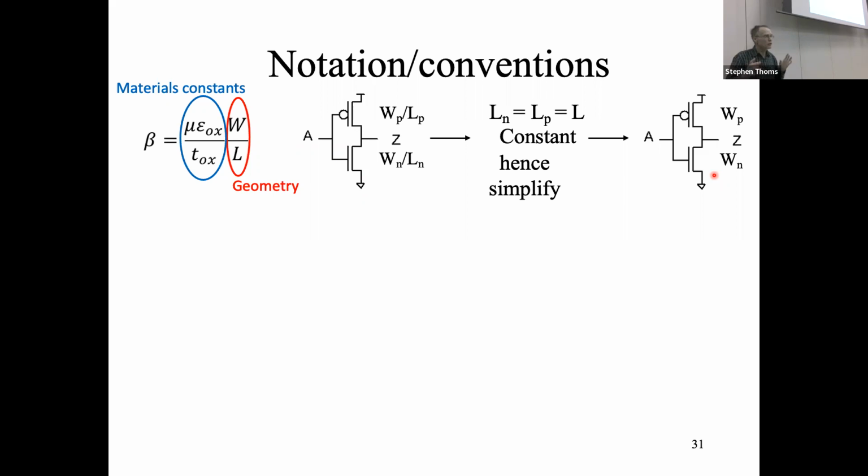These are all fixed constants. Then you've got the geometrical side of it, W over L. And so when you're looking at your inverter, the thing you can actually change is the width divided by L. But of course, we tend to keep L constant throughout our circuit, which means actually the thing we're looking at is simply the difference between the widths.